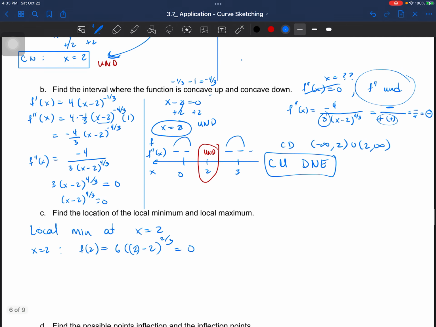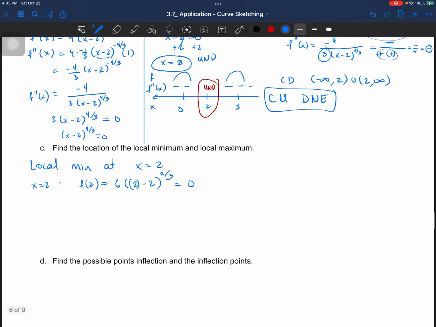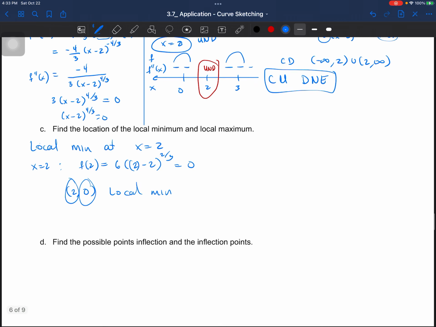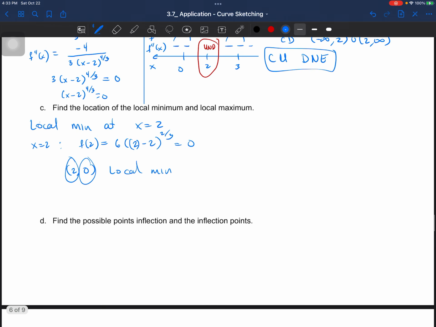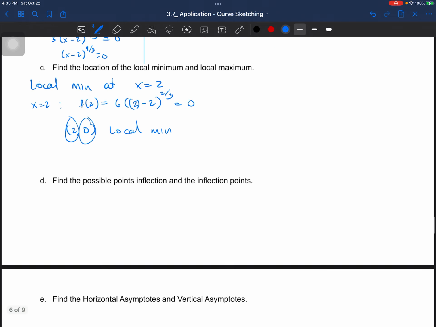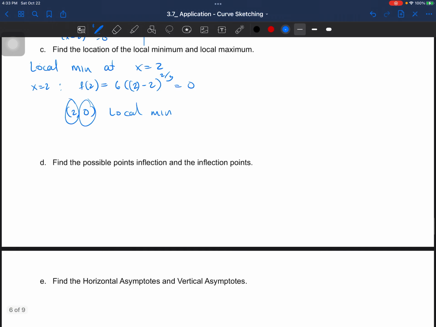Well, we already said this, this is going to give us 0. 0 to the 2/3 power is going to be 0. 0 times 6 is 0. So y equals 0. When x equals 2, y equals 0, and this is your local min. The local minimum value is 0, and is located at 2.